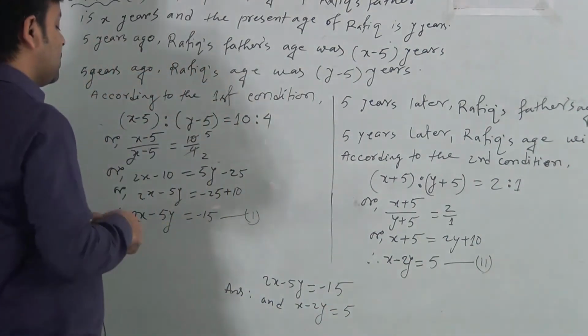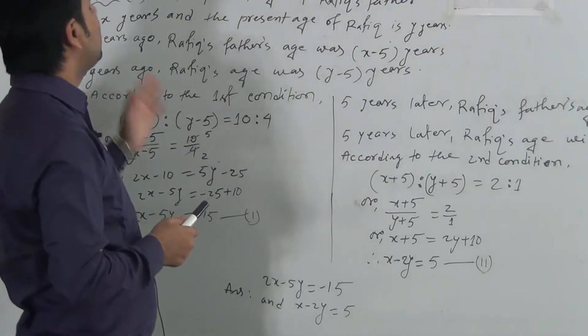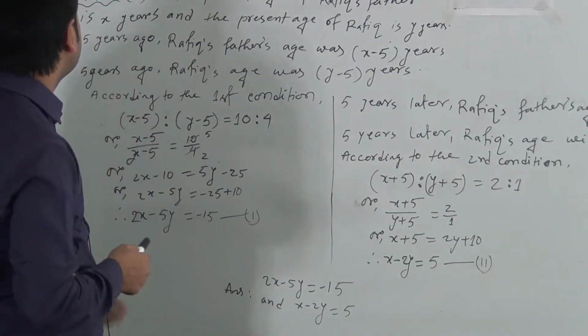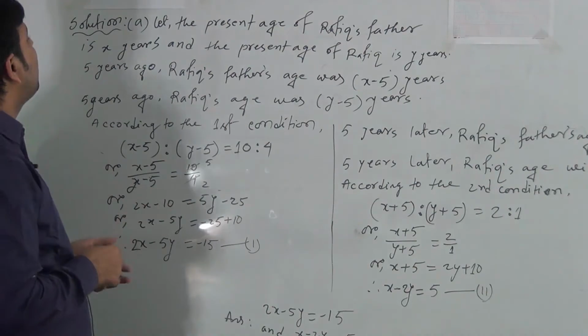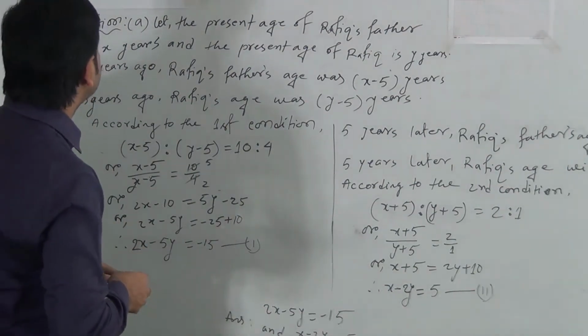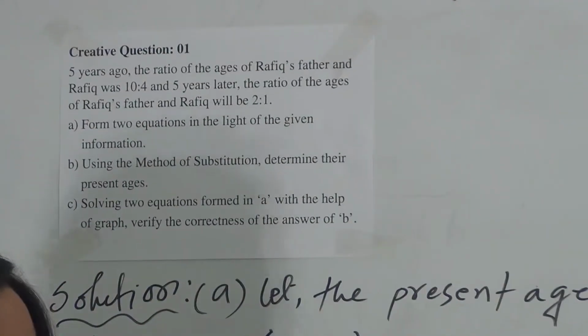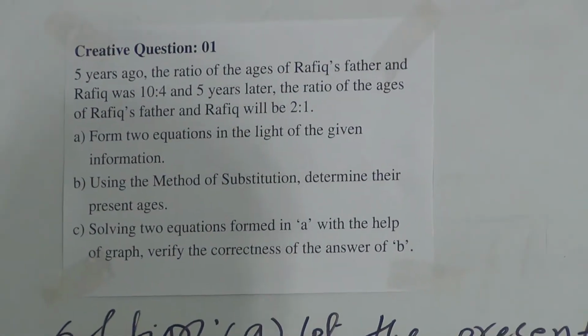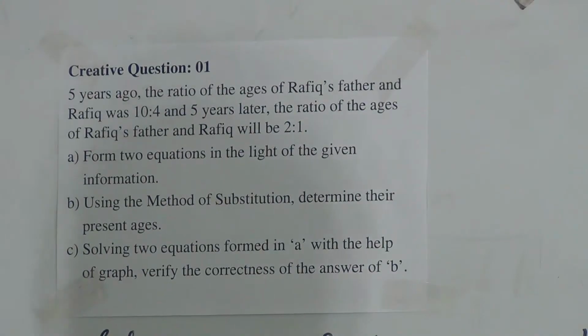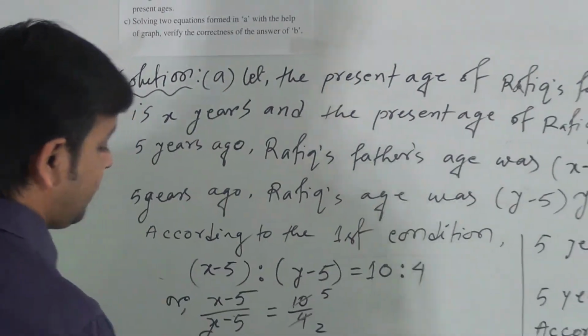These two equations I have formed in A. Now I have to solve question B. Using the method of substitution, determine their present ages. We have to use the method of substitution to solve these two equations. Okay, dear students, so I'll write the two equations here.